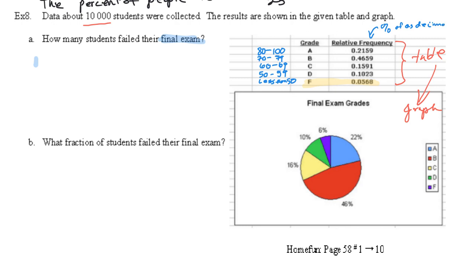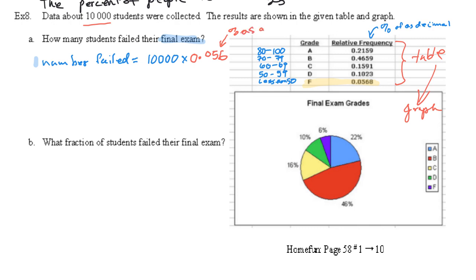We've taken whatever the total number of people is and turned it into a decimal. So in order to find the number of failures, we have to take our 10,000 that we had before, and multiply this by 0.0568.